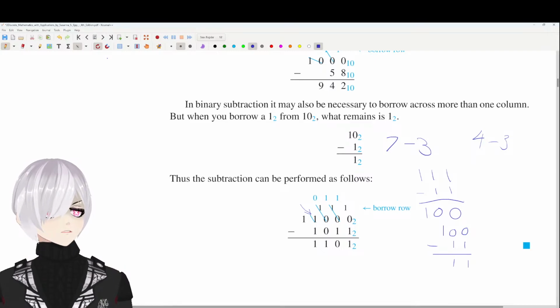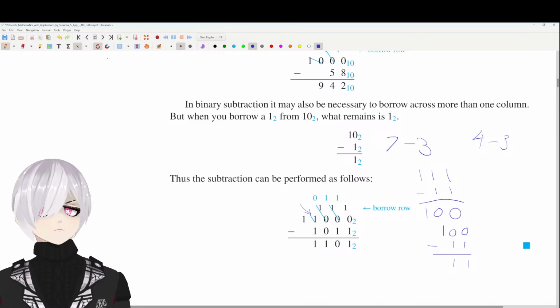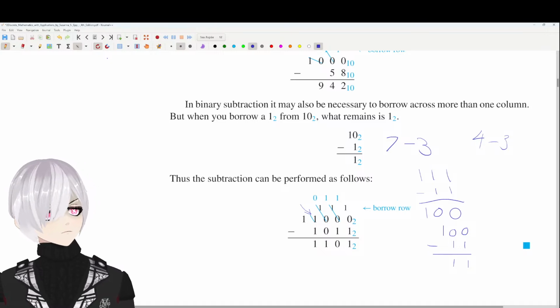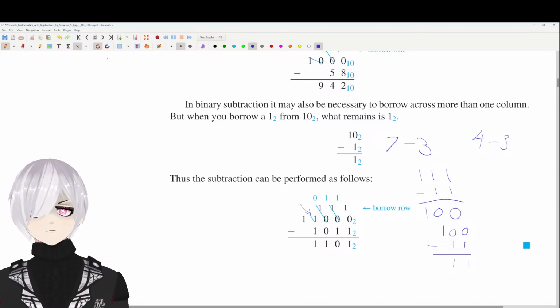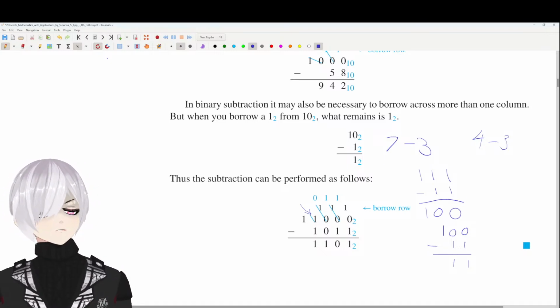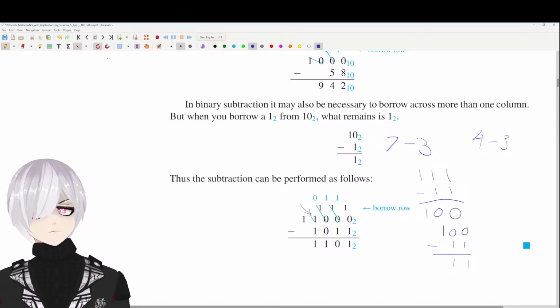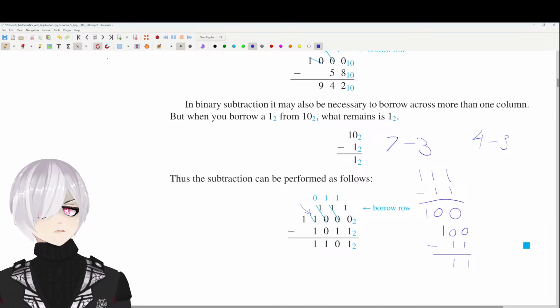You would think the answer should end up as 1, but I'm ending up with two 1s though. Because the 0 minus 1, we have to turn the 0 into a 10. And to the left of that is another 0 minus 1, so we have to turn that 0 into a 10.